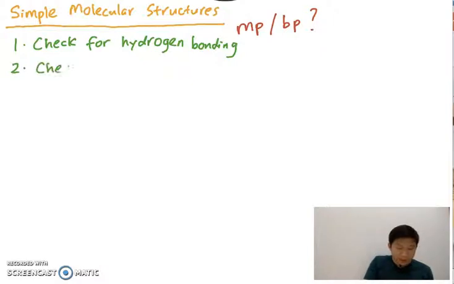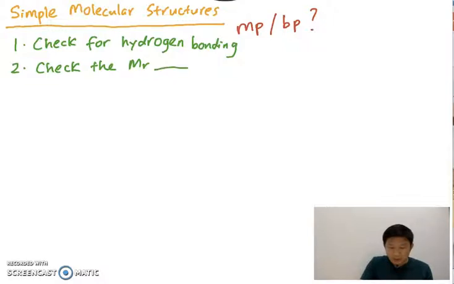We check the MR, and remember the concept, important. The larger the MR, the larger the electron cloud, the stronger the ID forces of attraction, correct? So remember that.